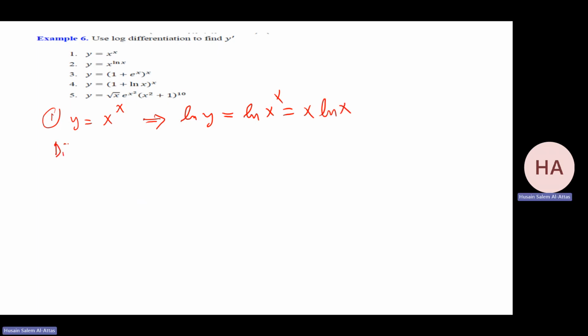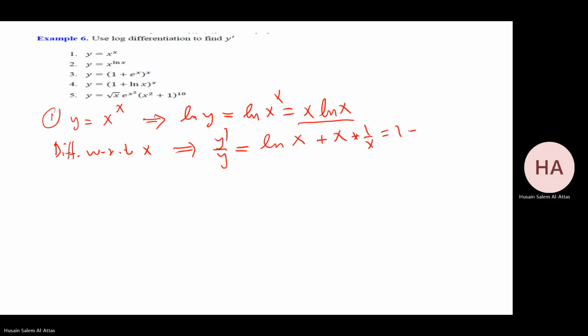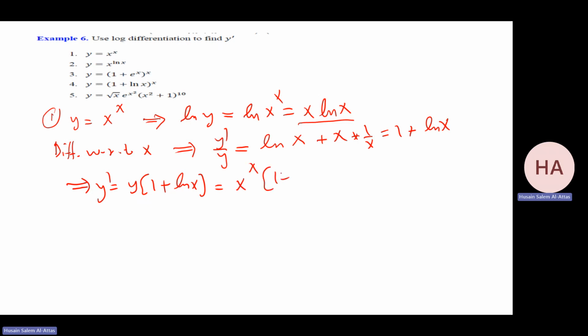Now differentiate with respect to x to get y prime over y. Now I have a product: derivative of the first, 1, times ln x, plus x times 1 over x. That is 1 plus ln x. That means y prime will be y times 1 plus ln x, and that is x to the power x times 1 plus ln x.